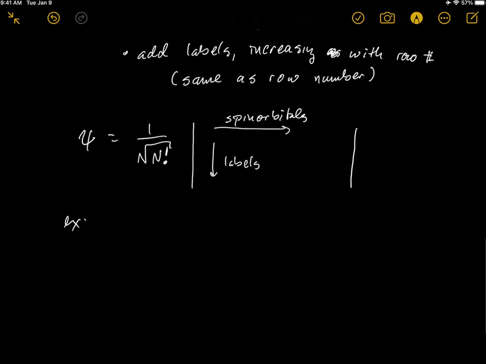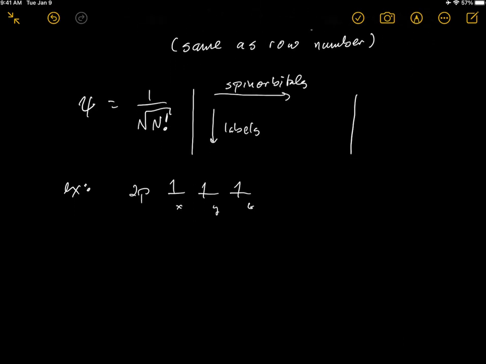So, quick example. Let's look at 3 electrons in the 3 different 2p orbitals, and let's make them all spin up.